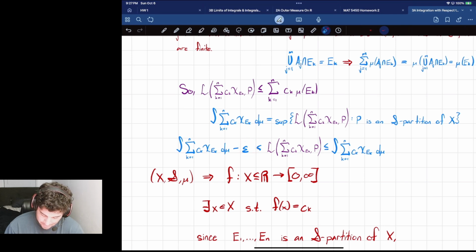For each epsilon there is a Lebesgue lower sum such that this is less than this, right? I think this implies that this is less than this, right?